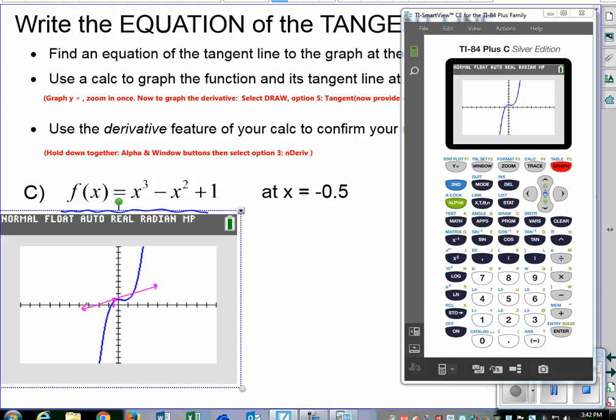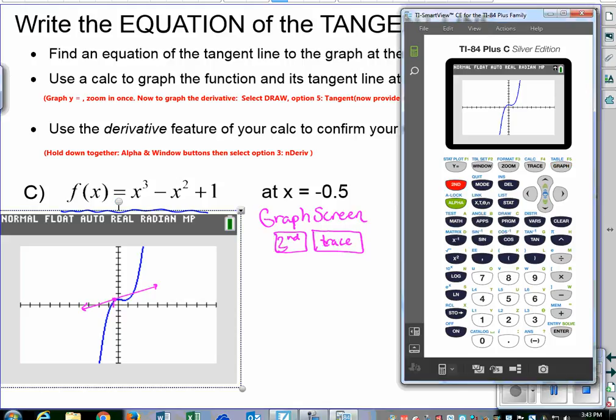From the graph screen, we can hit the calculate button, which is sitting above the trace key. So you need to do second and trace. That'll take us to the calculate menu.